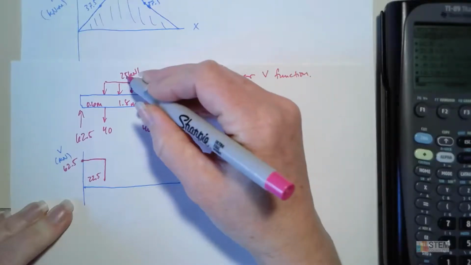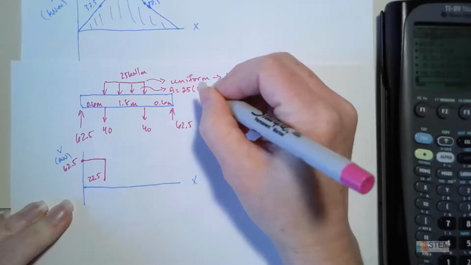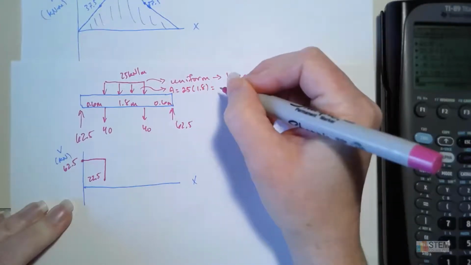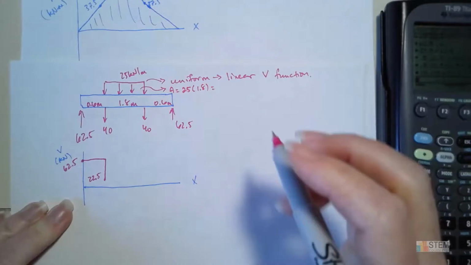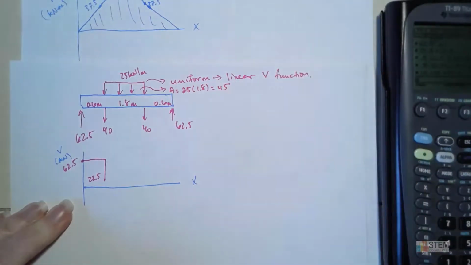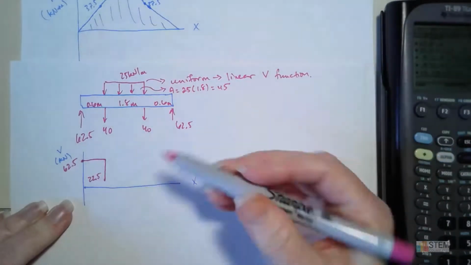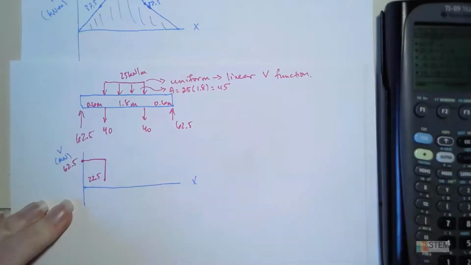So we're going to do 25 times the length, which is 1.8. And what does that equal? That is 45. So that's the amount of force that you get from the distributed load. But this 45 gives you your delta V, so it tells you how much you need to change your value of V by.